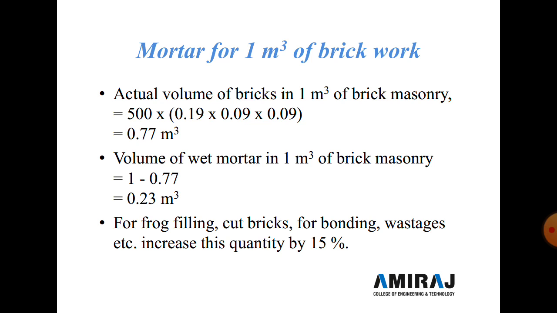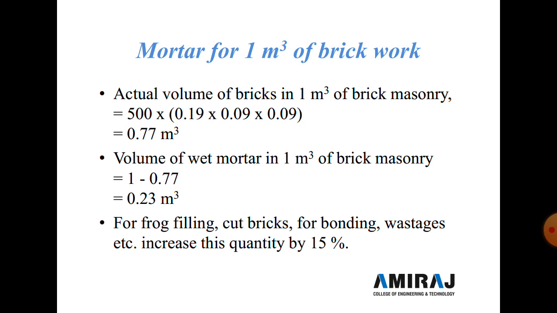Clear? Without mortar, all dimensions are converted into meter: 0.19 by 0.09 by 0.09 multiplied by 500. So the total actual volume covered by the bricks is 0.77 meter cube in 1 meter cube brickwork.